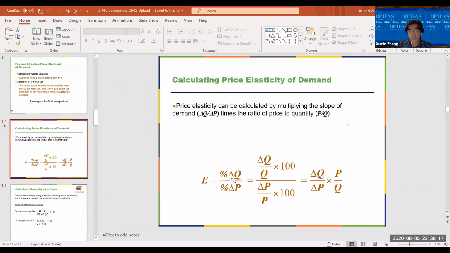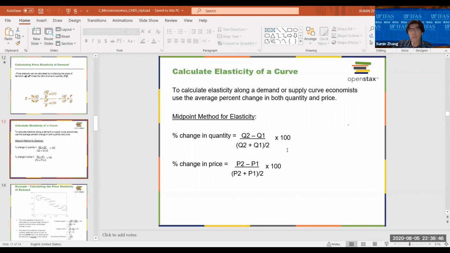Okay, so I think we have already discussed and shown you the formula: the percentage change of quantity over the percentage change of price. This is very straightforward. Then you understand that we can flip this, the P over Q, right? This is more like a transformation, and it helps you to calculate. First of all, usually we use the midpoint method for elasticity calculation.